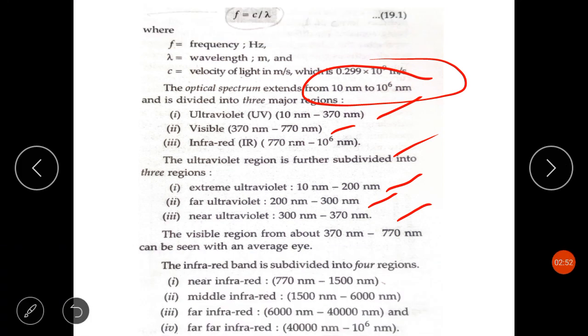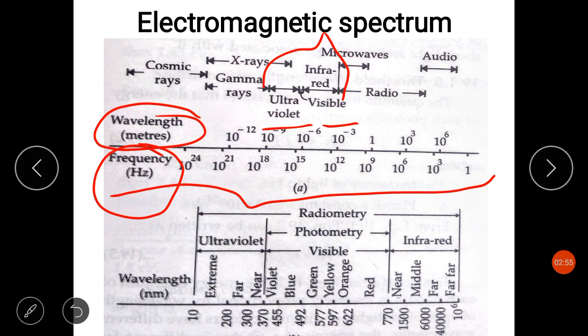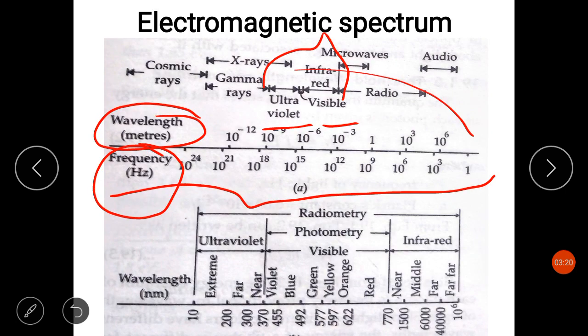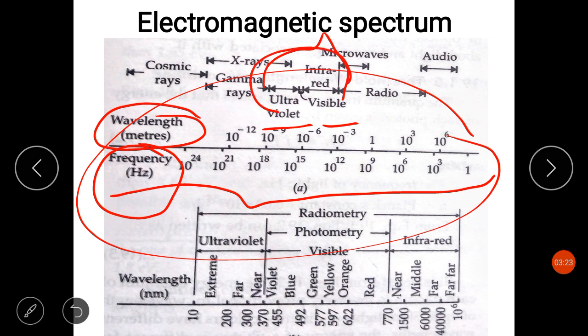Then we have the visible region of this optical spectrum, which ranges from 370 nanometer to 770 nanometer, and the last region of this optical spectrum is the infrared region, which is further divided into near infrared, middle infrared and far infrared regions, and the wavelength ranges for these regions are provided here. So this is the electromagnetic spectrum, this is the optical spectrum, and this is the visible region of this optical spectrum.